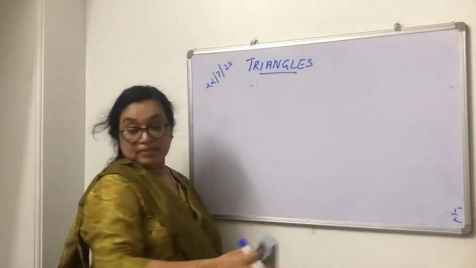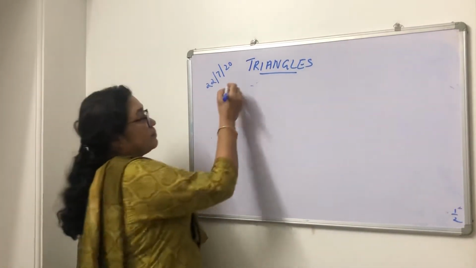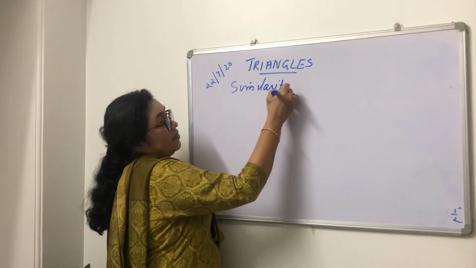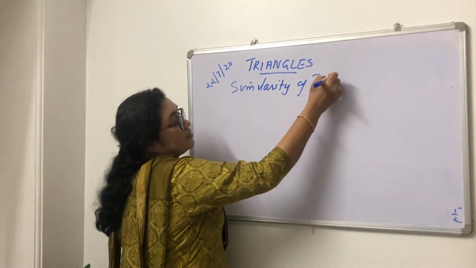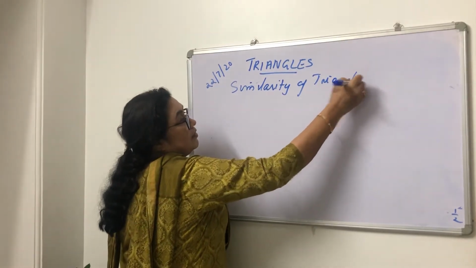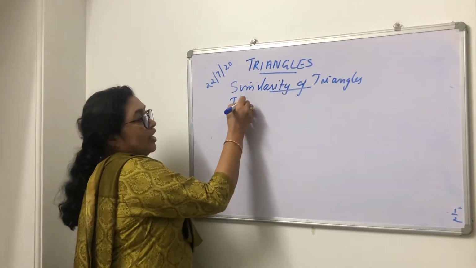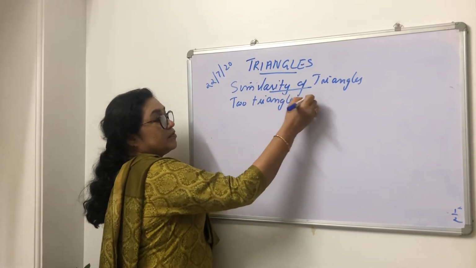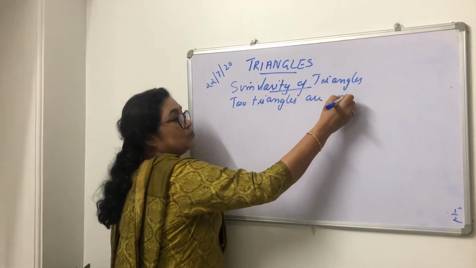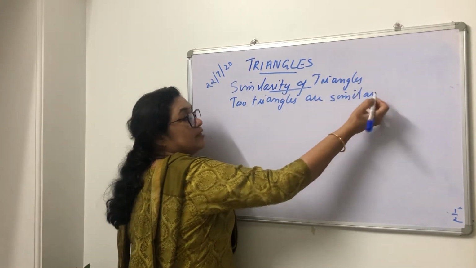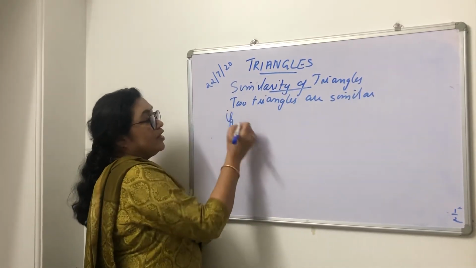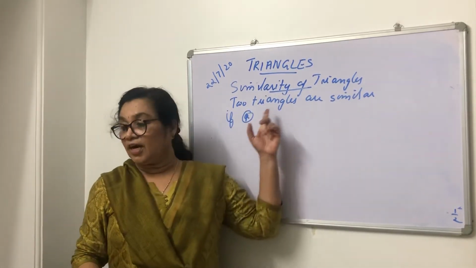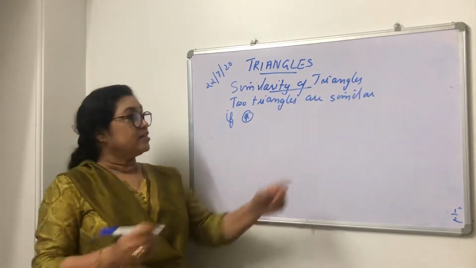Similarity of triangles. That means two triangles are similar. Two triangles are similar if there are two conditions to learn. First condition, corresponding angles are equal.